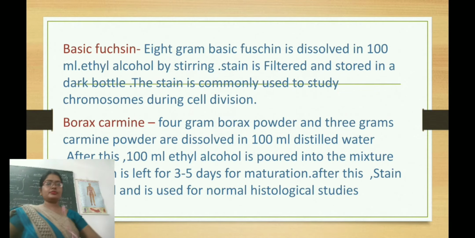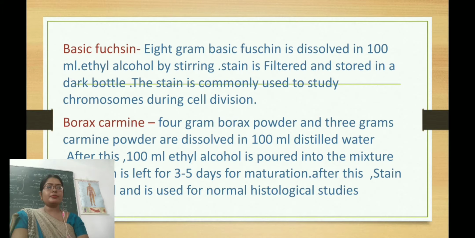Our next one, basic fuchsin. So basic fuchsin is commonly used for DNA and chromosomal studies. It is used to stain DNA and chromosomes. It is also used during staining of chromosomes during cell division.